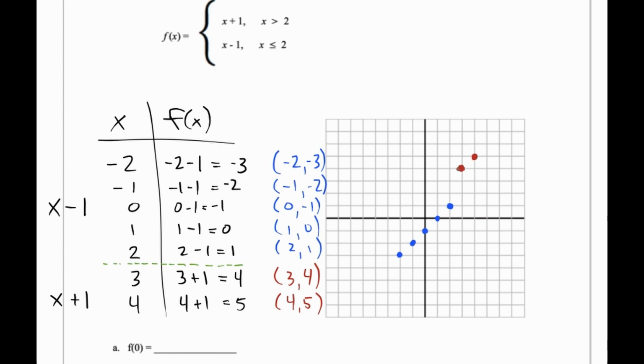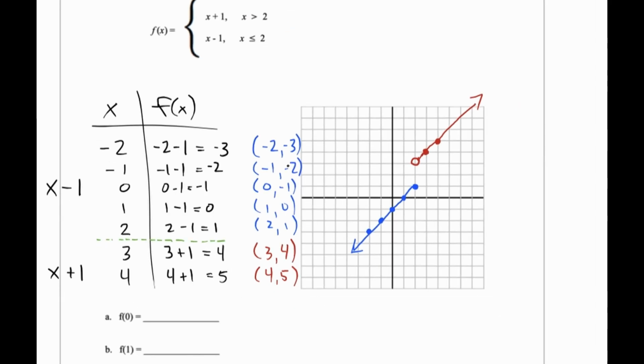Now we just try to connect them. But you have to look very carefully about the point where we cross over from one function to the other. So what's going to happen is the red will go all the way up to this point, but it shouldn't touch it. That's because we have a greater than sign without an equal underneath it.